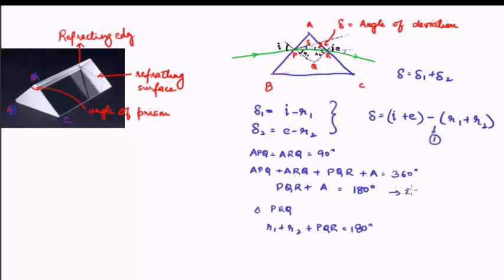Let's call this equation number 1, this equation number 2, and this 3. Now we can replace PQR in equation 2. We have to replace PQR as 180 minus R1 minus R2.